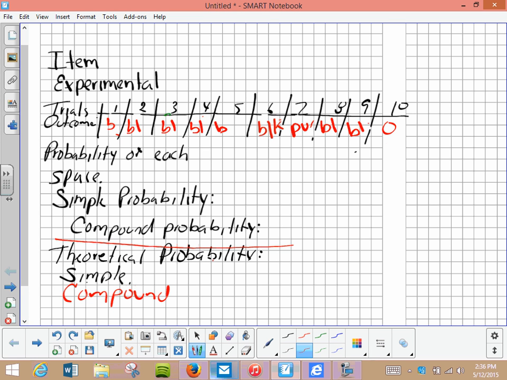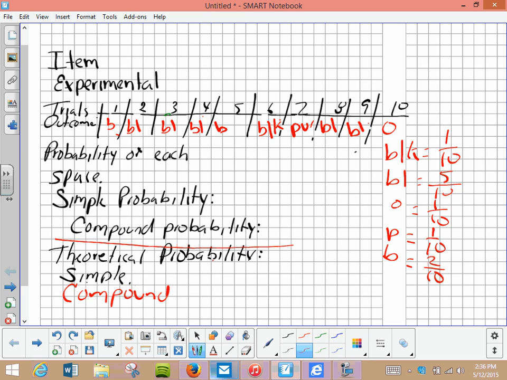So 1 out of 10 is black. What about blue? 5 out of 10, which is 50%, right? What about orange? 1 out of 10. We're missing one? Purple. 2 out of 10.